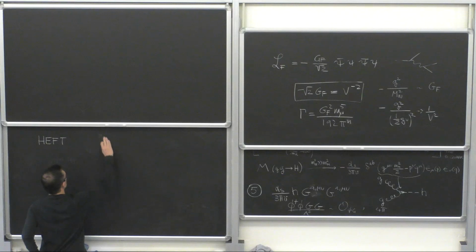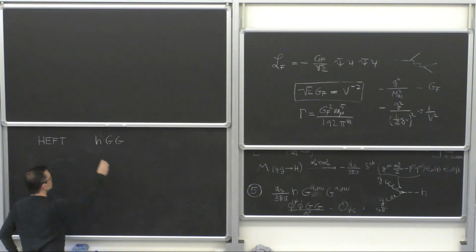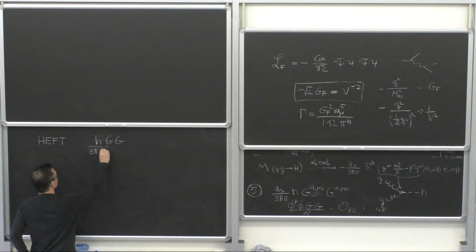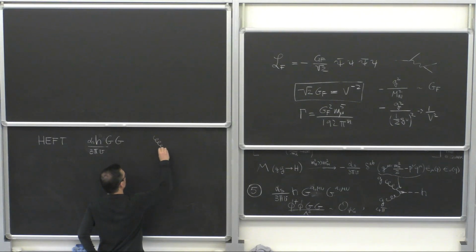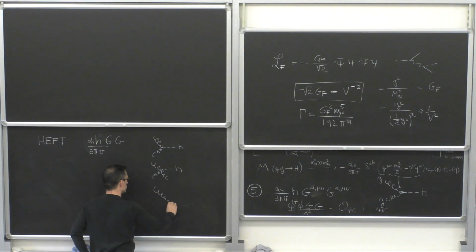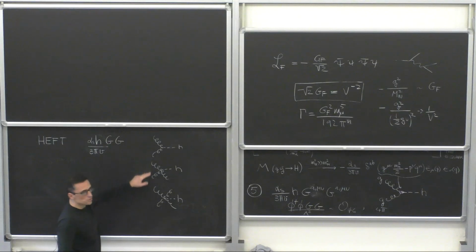So if you have the X GG operator, this one that we were mentioning, then you generate Feynman rules for all interactions. Exactly as in QCD, this will be the propagator, kind of.